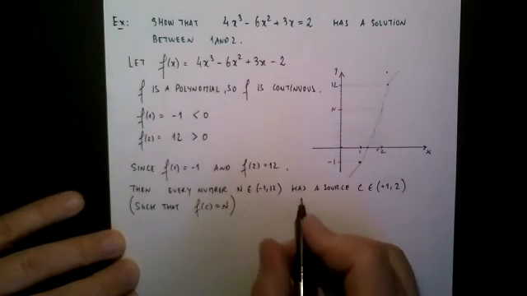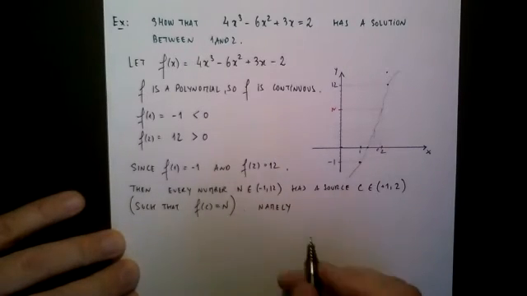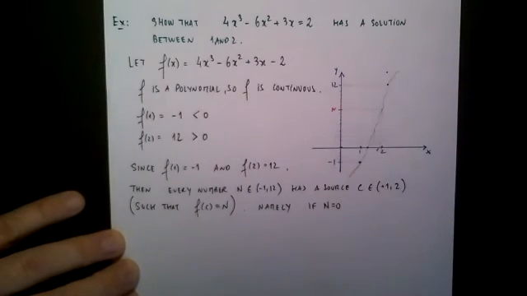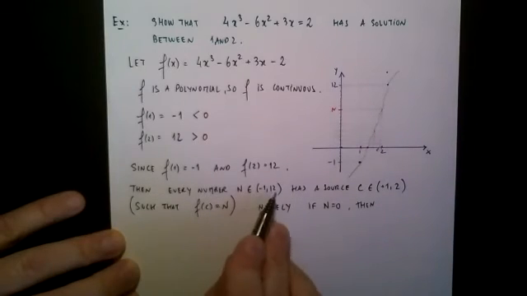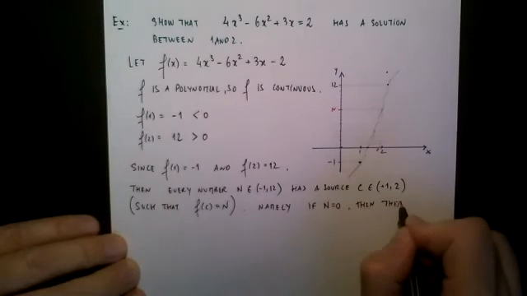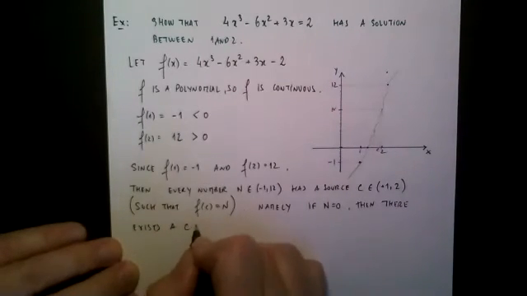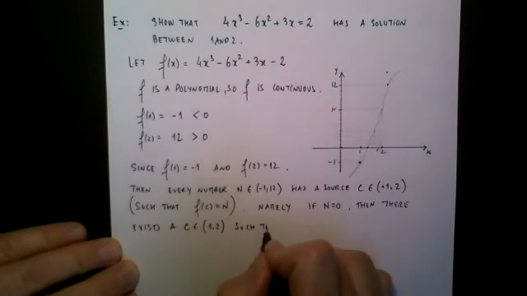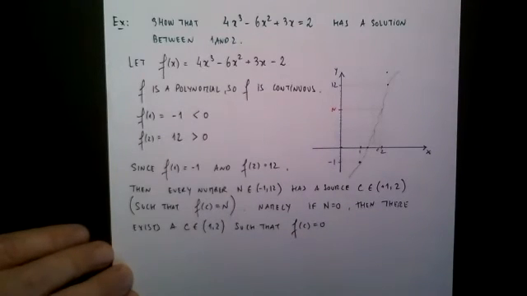Namely, if n is 0, then since 0 is between -1 and 12, for sure there exists a c in (1, 2) such that f of c equals 0. Do you understand?